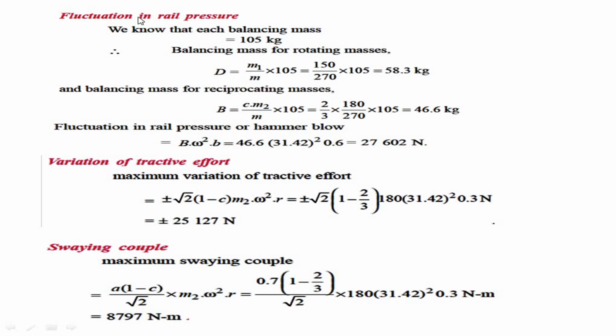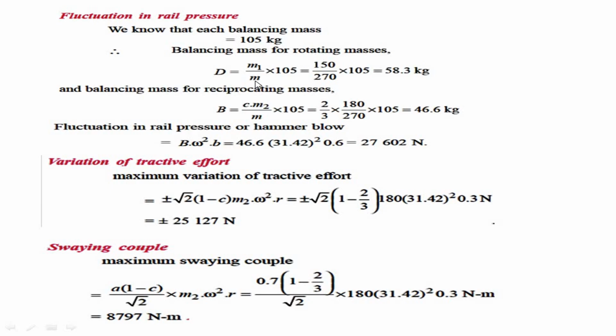To determine fluctuation in rail pressure, first of all we have to focus on this equation, which is B omega square B, where capital B is representing the balancing mass required for reciprocating masses only. The balancing mass we have determined so far is 105 kg, which is actually including the balancing mass required for rotating as well as reciprocating.